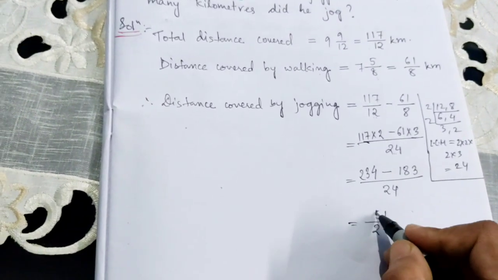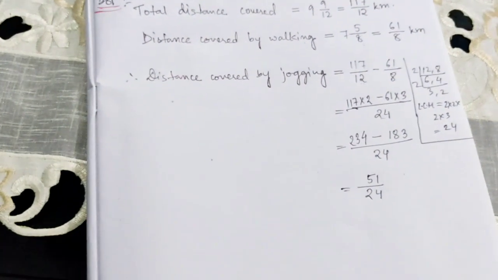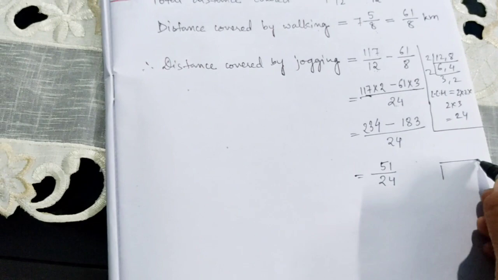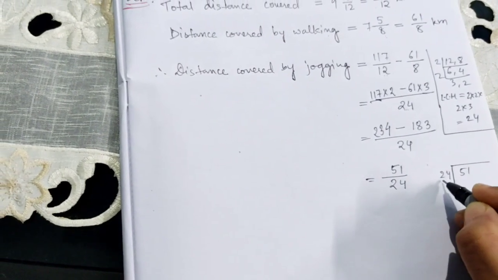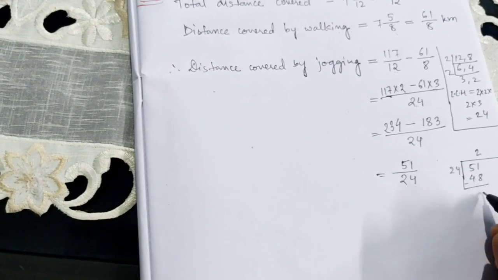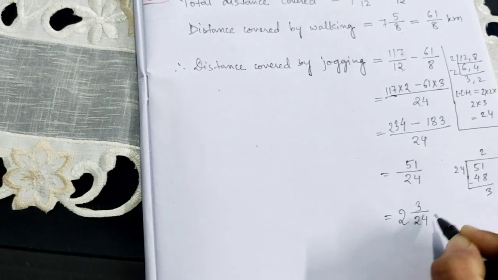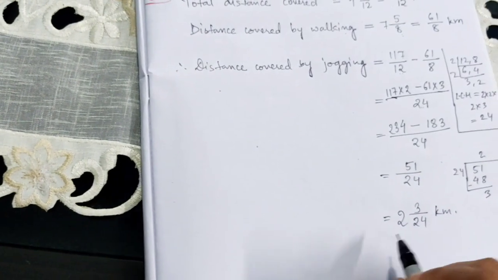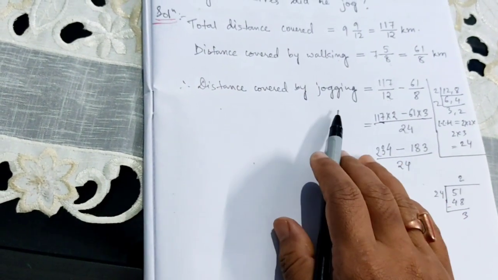Now this one is an improper fraction, you can convert it to mixed fraction. So how will you convert it? Divide it. 51 divided by 24: 24 2s are 48, minus, you will get 3. So you will get 2 3 by 24 kilometer. So 2 3 by 24 kilometer he covered by jogging.